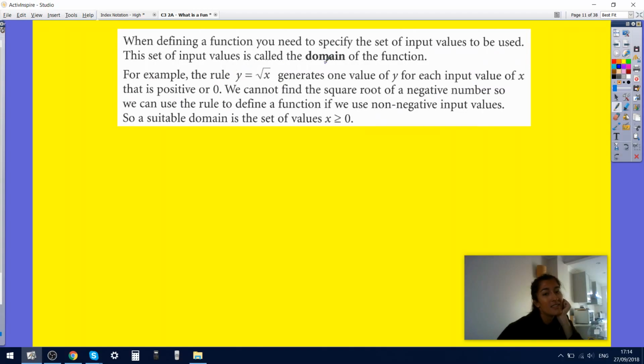So the domain is the possible x inputs. So for y is equal to the square root of x, because you can't square root a negative number, the domain is x is greater than or equal to 0.